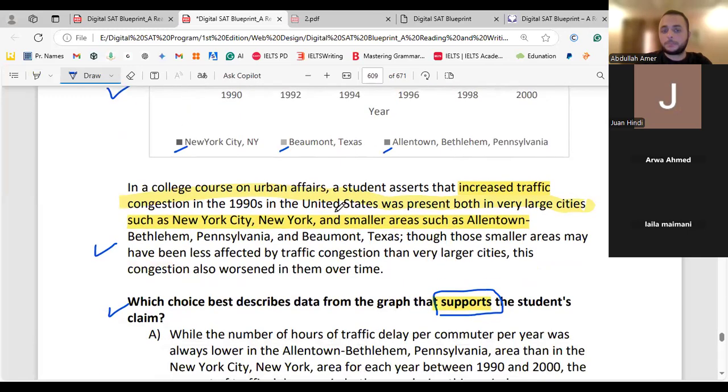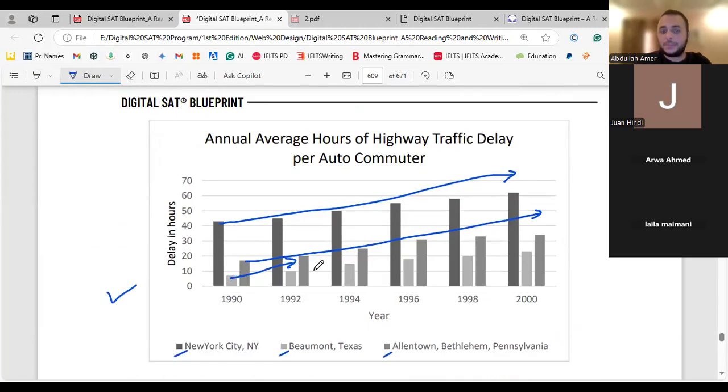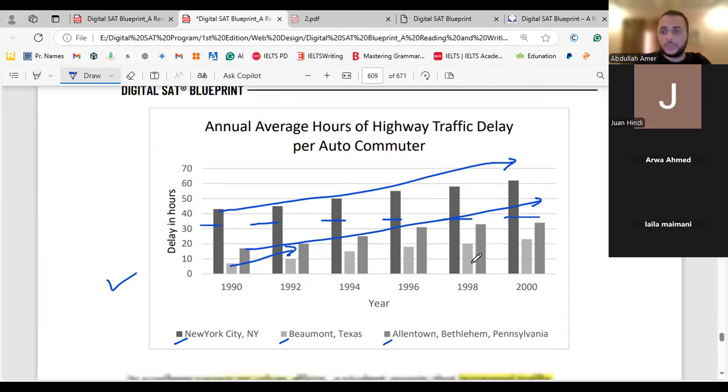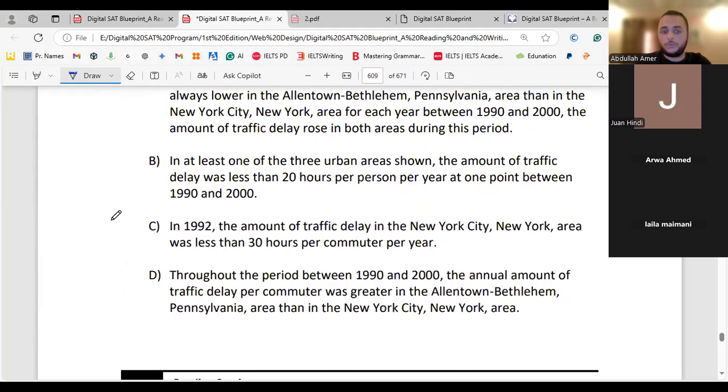And the claim said that though those smaller areas may have been less affected by traffic congestion than very large cities, this congestion also worsened in them over time. This is clear in Beaumont, Texas, and in Allentown, Pennsylvania. They are still less than New York, but they are still suffering from traffic congestion. So now find the answer, please.